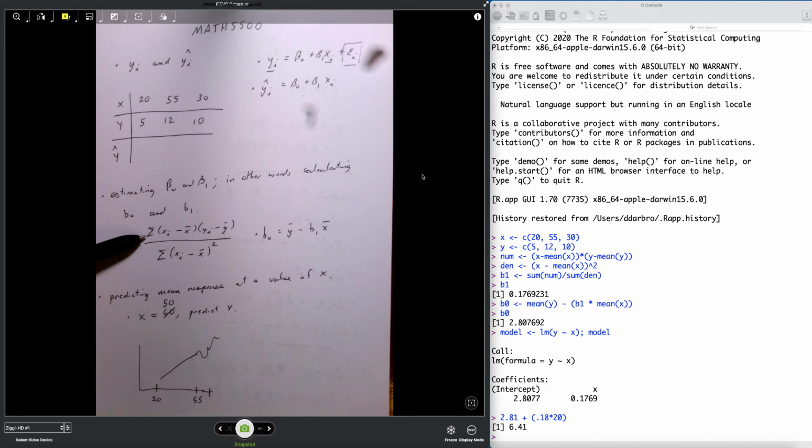It's just the products of the deviations for x and deviations for y, summed up, and then the sum of the deviations for x squared.